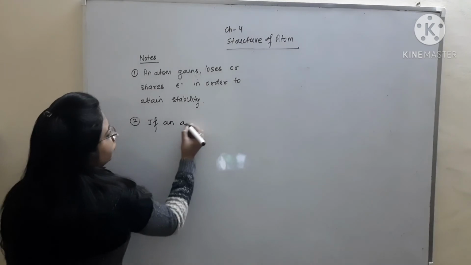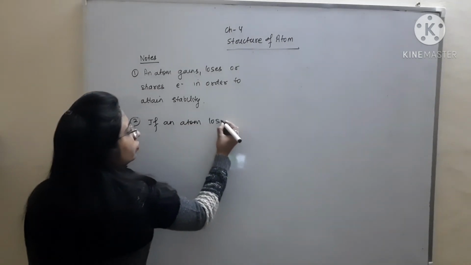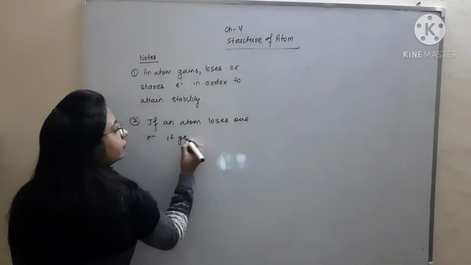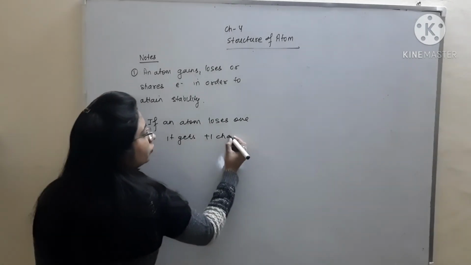If an atom loses one electron, it gets +1 charge.